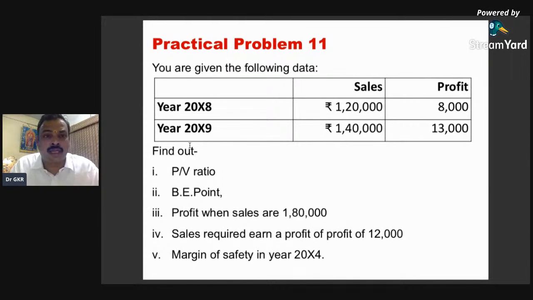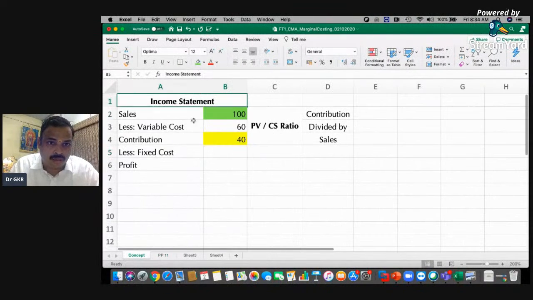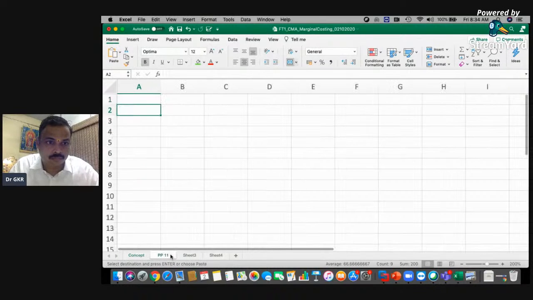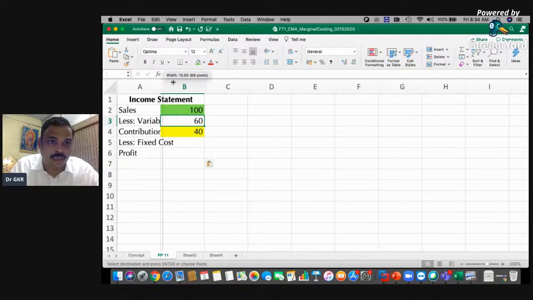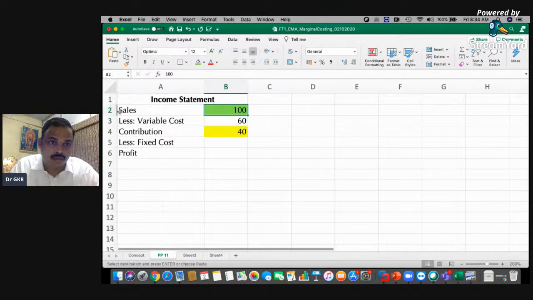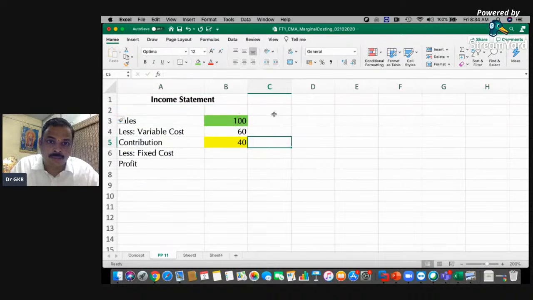You are given the following data for 20X8 and 20X9, sales and profit. So I'll just copy the same. Good. So this is my income statement.